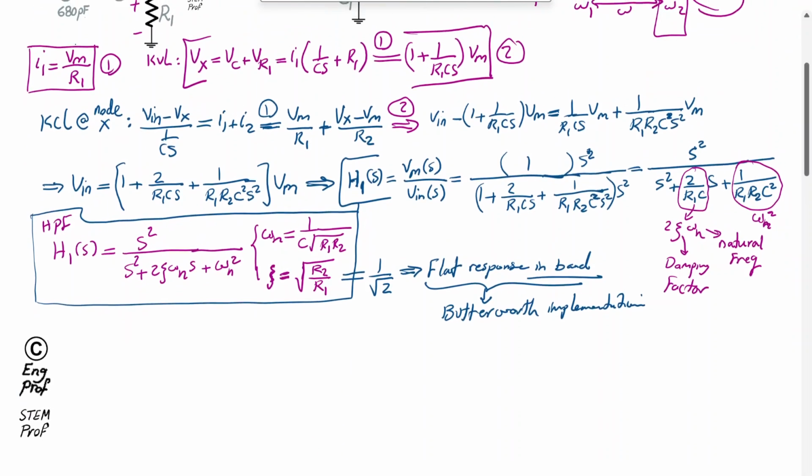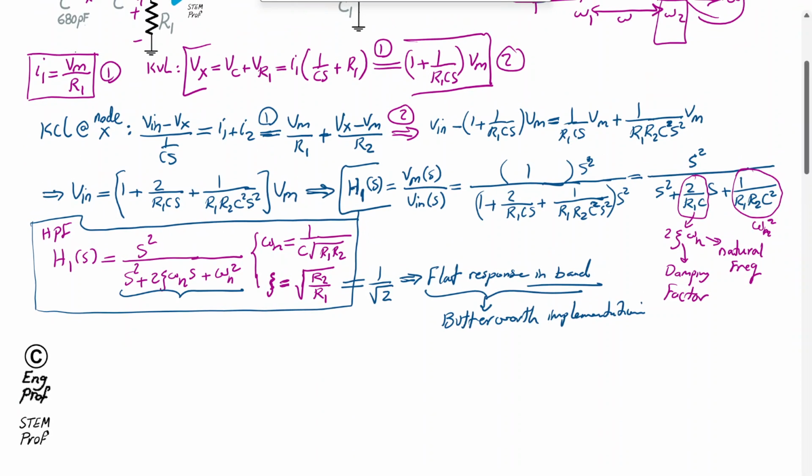The reason for that is, just think about setting zeta to 1 over square root of 2 in this equation denominator and see what happens.